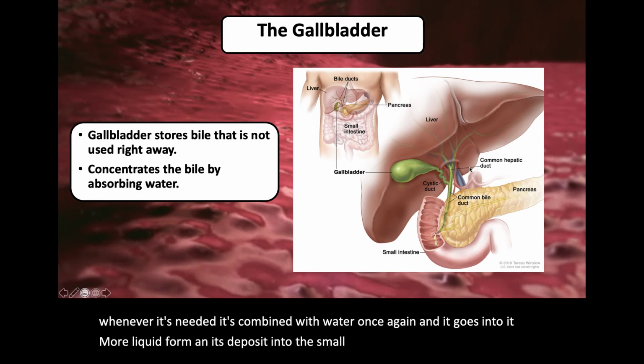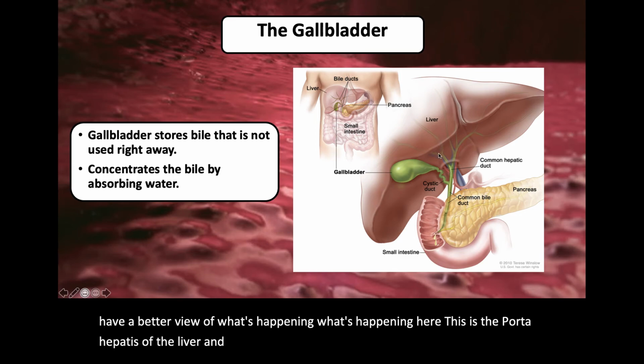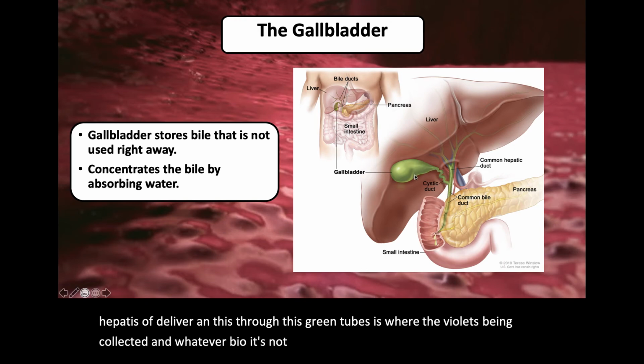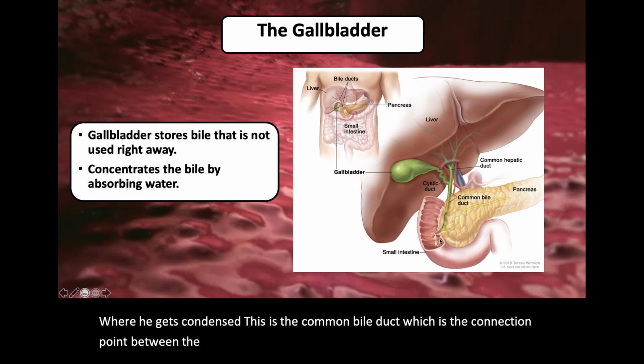Here in this picture, we have a better view of what's happening. This is the porta hepatis of the liver, and through these green tubes is where the bile is being collected, and whatever bile is not needed at the time goes into the gallbladder where it gets condensed. This is the common bile duct, which is the connection point between the small intestine over here and the bile that is being deposited there.